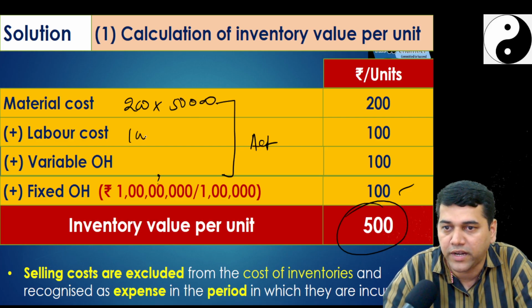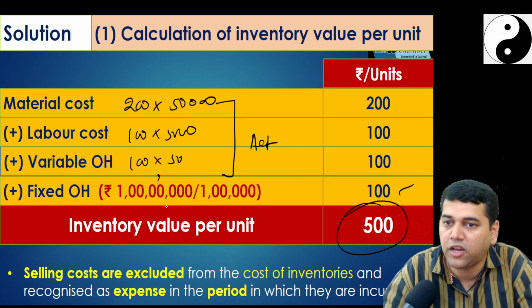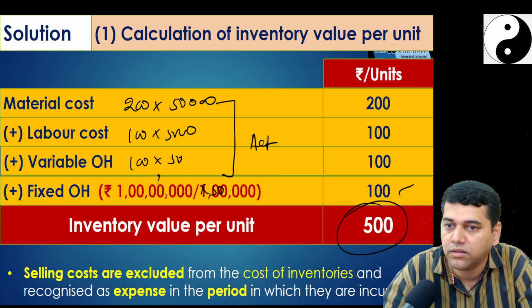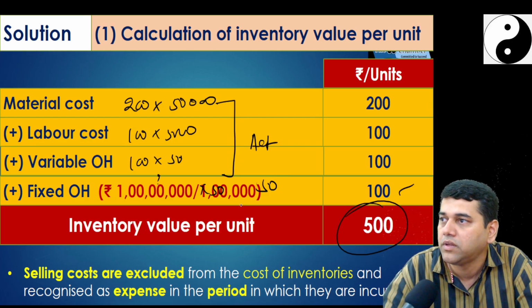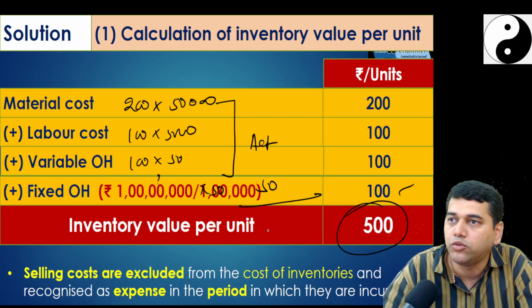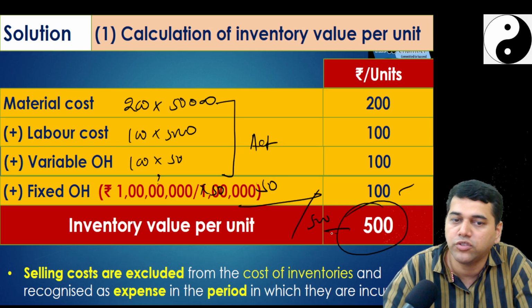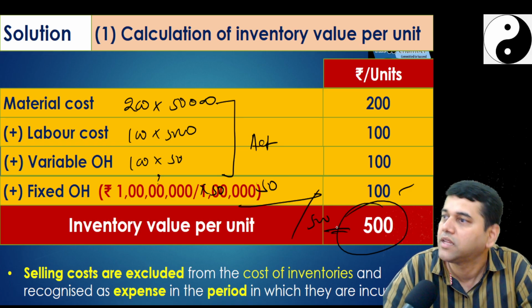Labor cost is 100 into 50,000. This is also 100 into 50,000. And how much you will absorb here? Here only 50%, and the entire 50,000. 50 lakhs only you will absorb. Divide this entire total value by 50,000. You should get 500. Clear, no, Shruti?